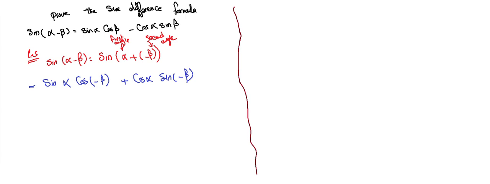Sine will take the negative sign, as we proved at the beginning. Cosine is even, so this one will be sine alpha cosine beta. And this negative we will keep, so it's going to be minus cosine alpha sine beta, which is the requirement. Excellent. This is where we started, and we reached the right side.